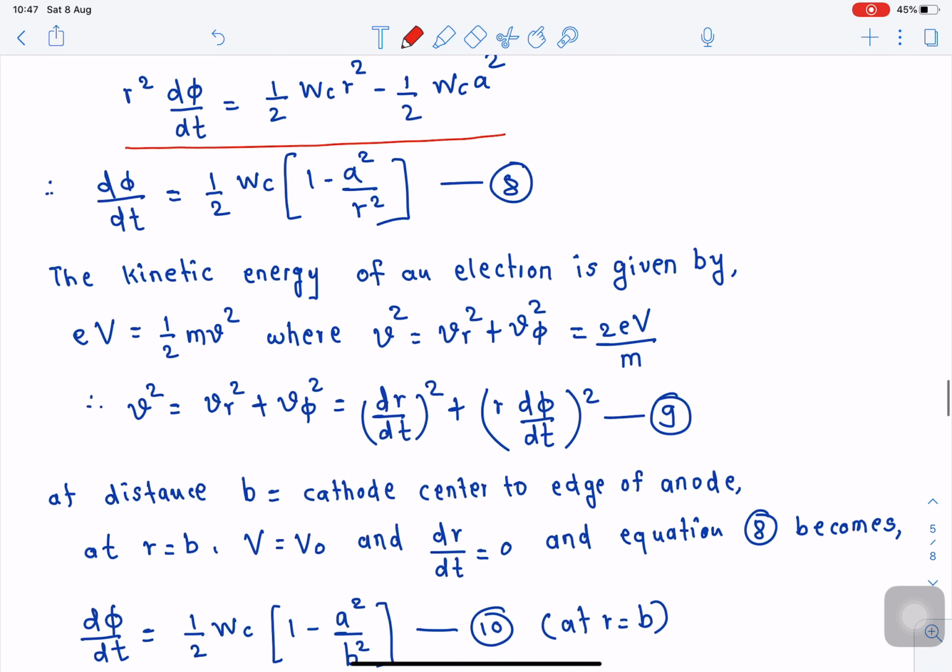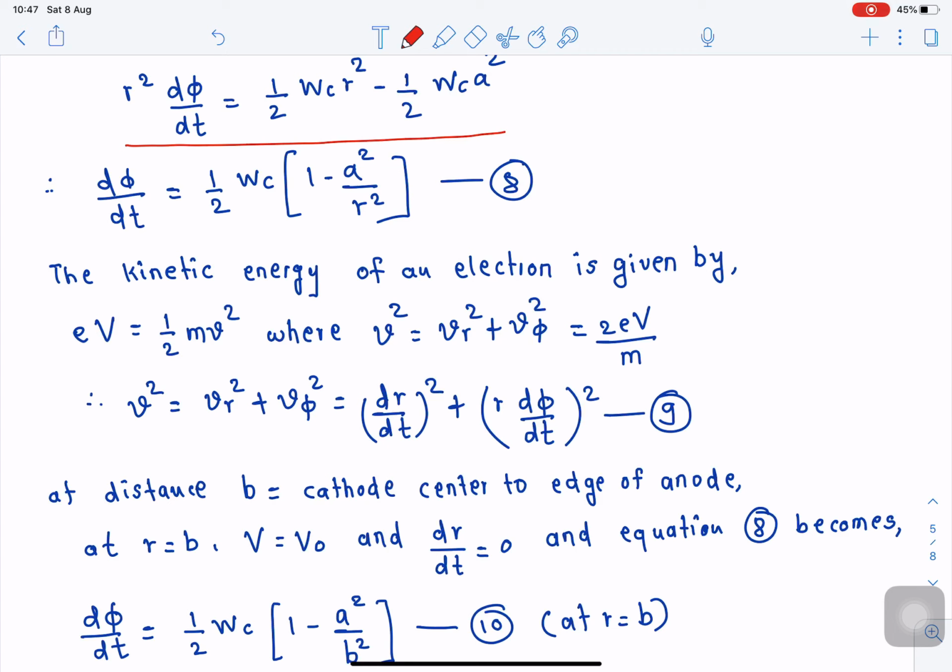Next we will see what is the kinetic energy of an electron. From the empirical equation we know that eV is equal to half mv square, where small v is the velocity. Now this velocity can be resolved into two directions: one is a radial direction and another is an angular direction.